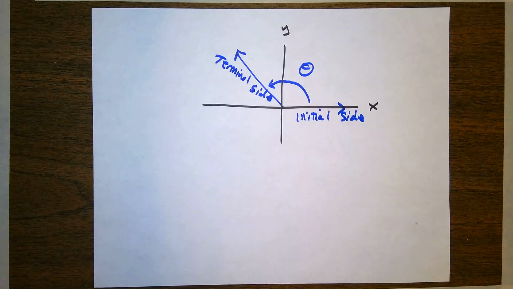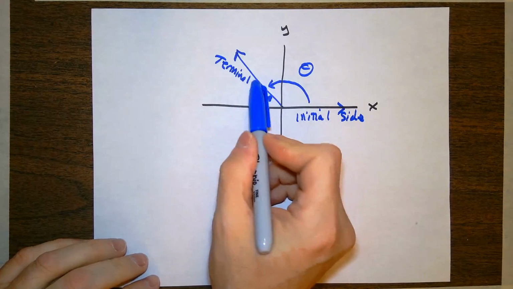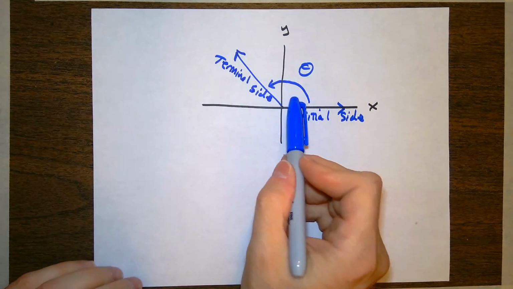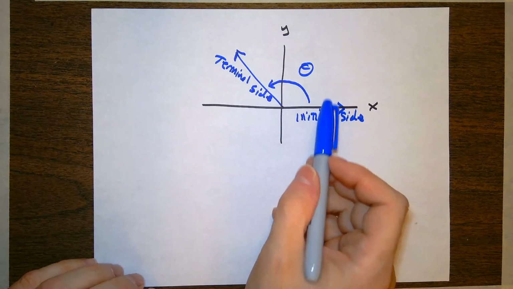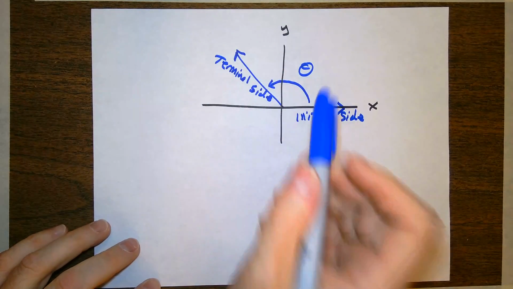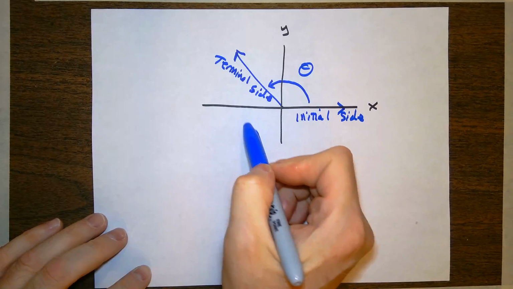And if it's in standard position, the initial side is the x-axis, and then I open it up to the terminal side, and this is where my angle is created. Now notice this is a positive angle, and I'm going counterclockwise. So the angles are being measured going this way, and it's a positive angle.